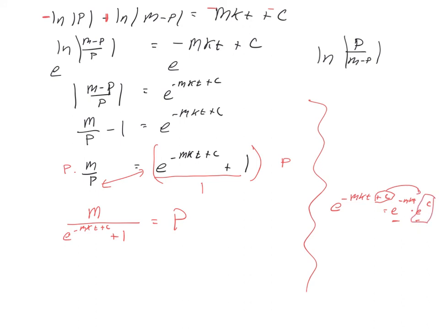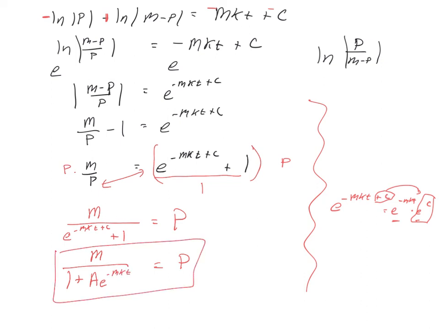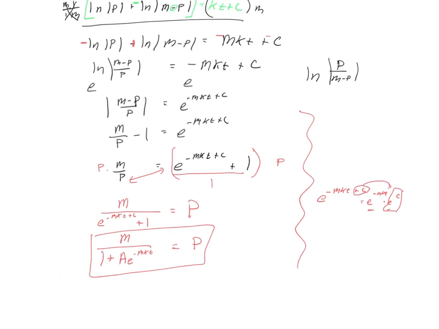Well, e to the C is just going to be a constant of some sort, a multiplier. So it is pretty common that you're not going to see that portion in your final answer. A lot of textbooks or a lot of YouTube videos are going to use the capital letter A. And then this is going to be our solution that we saw above.